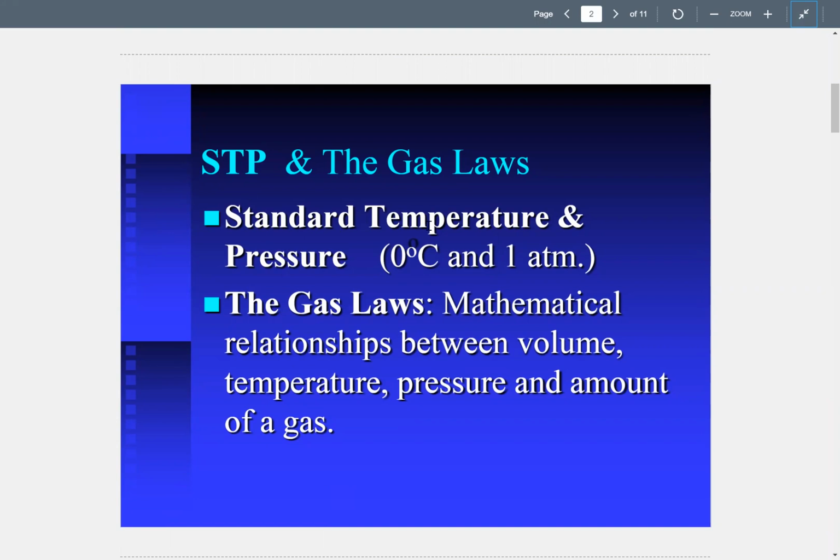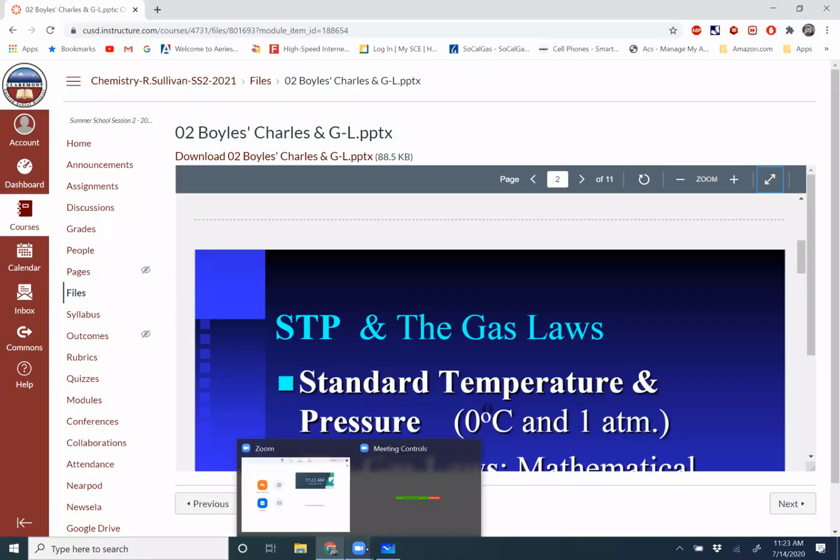And what standard temperature and pressure is, is bringing all gases to 0 degrees C, so basically freezing point, and 1 atmosphere. And remember from last week that we have equivalences for all of our pressures.